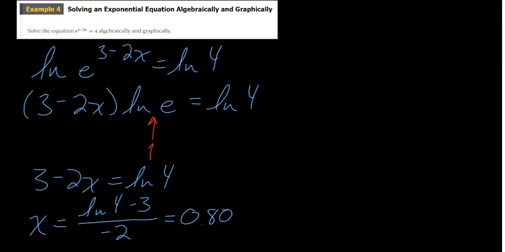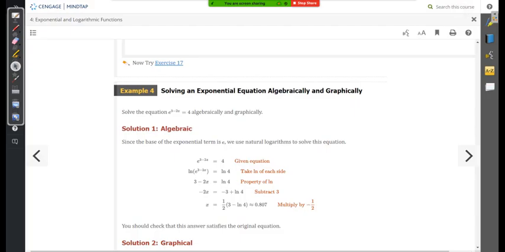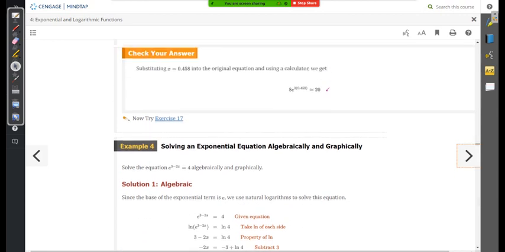Okay, and that's it. It says solve, and then solve it graphically. So I'm going to plug this into my calculator. Oh, must be gone. There it is.